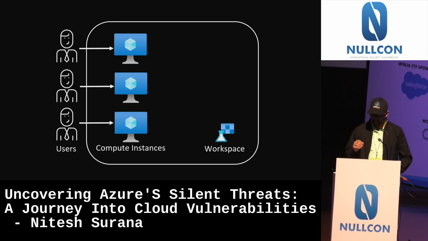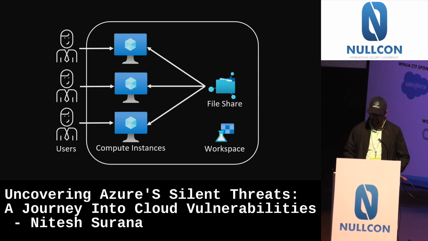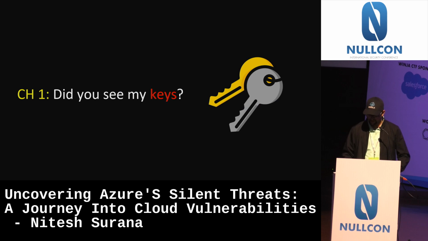Also by design, any user can access other users' files in the same workspace because it's a shared environment. So the file share of the storage account for a machine learning workspace is actually mounted on each compute instance in the workspace.